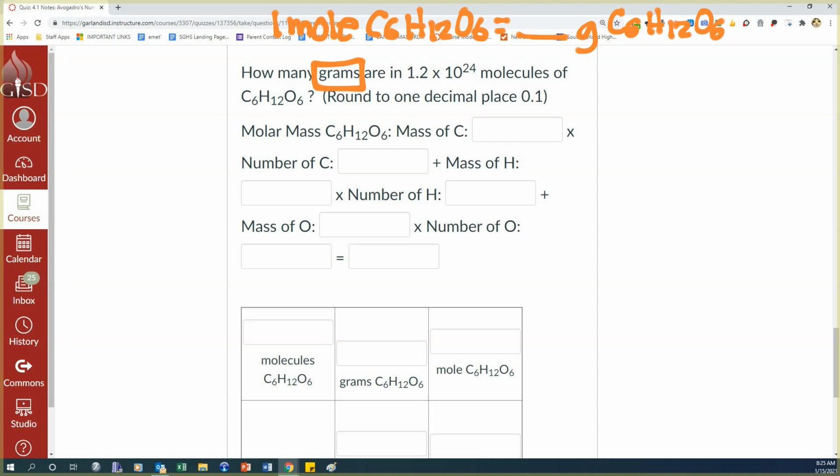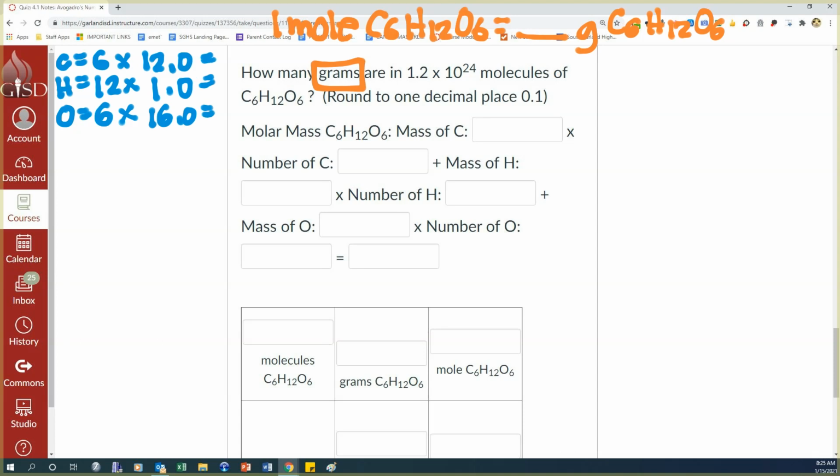Let's do the math on the left side. I've got carbon, hydrogen, and oxygen. I have 6 carbons, 12 hydrogens, and 6 oxygens, and then you multiply by their masses: 12, 1, and 16.